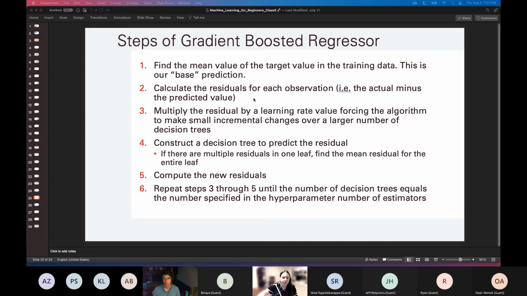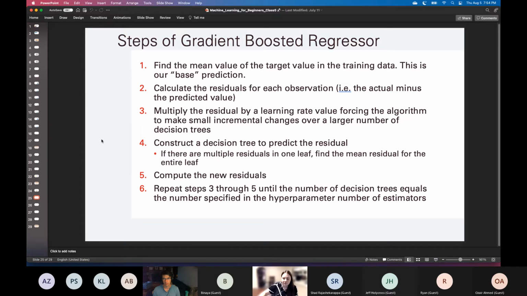It repeats steps 3 through 5 until the number of decision trees equals the number specified in the hyperparameter number of estimators. So remember that number of estimators, it's again a hyperparameter, and if you say 300, it'll stop at 300. Are there any questions?